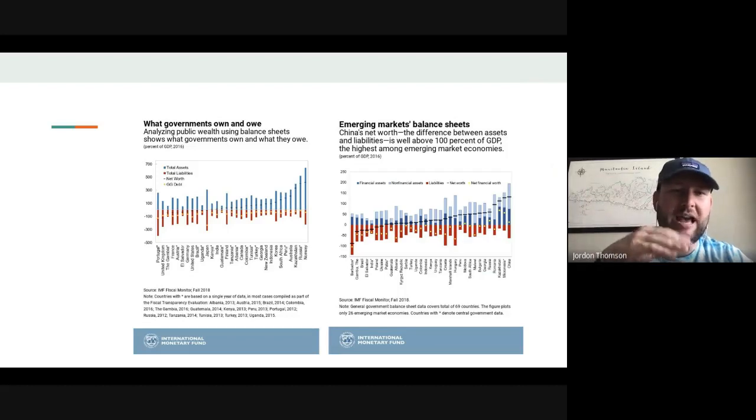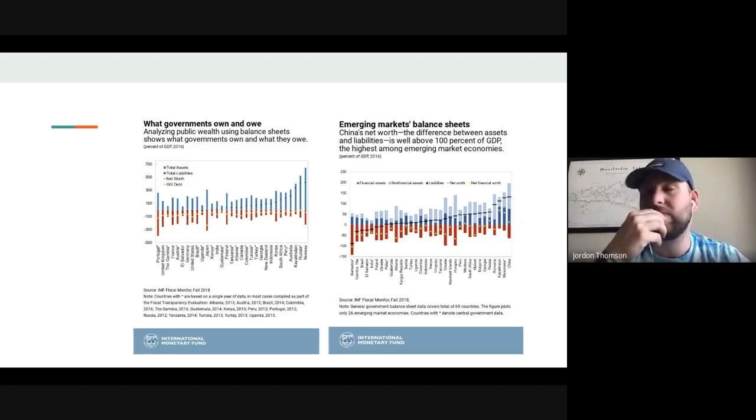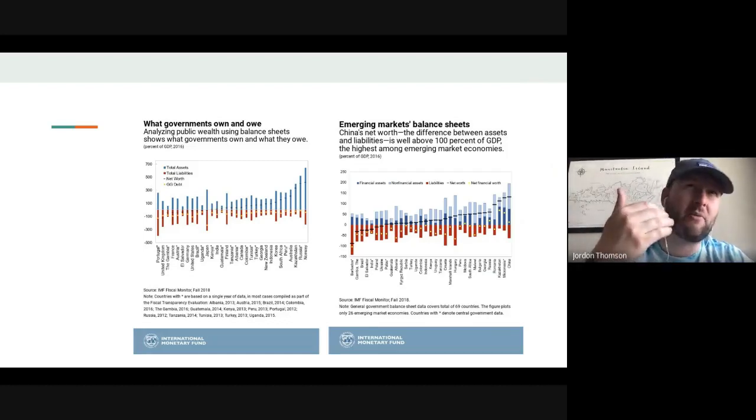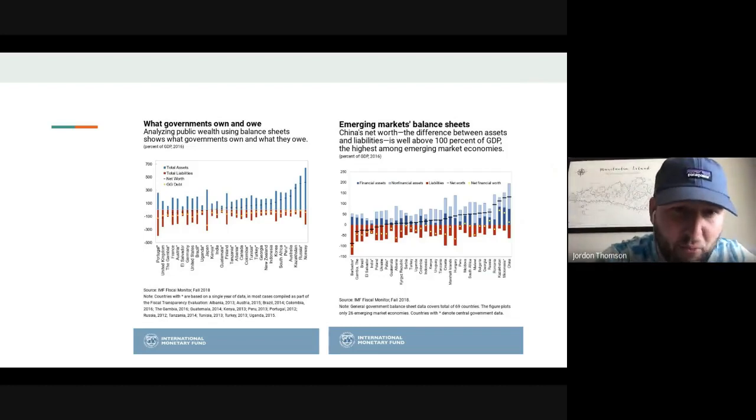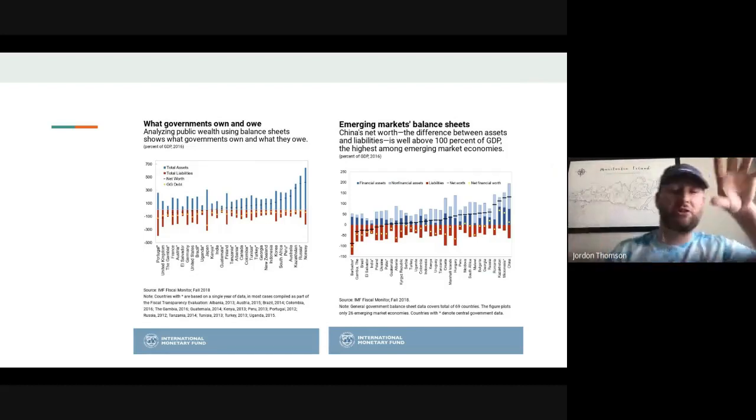And your red are your liabilities. So the things that you have to pay for, like your product almost, and you make your money on top of that. So if you see that little black line right there, it says net worth. So you can see that a lot of these countries, their net value, so what they owe versus what they need to spend, is below zero. And a lot of times it's below zero.